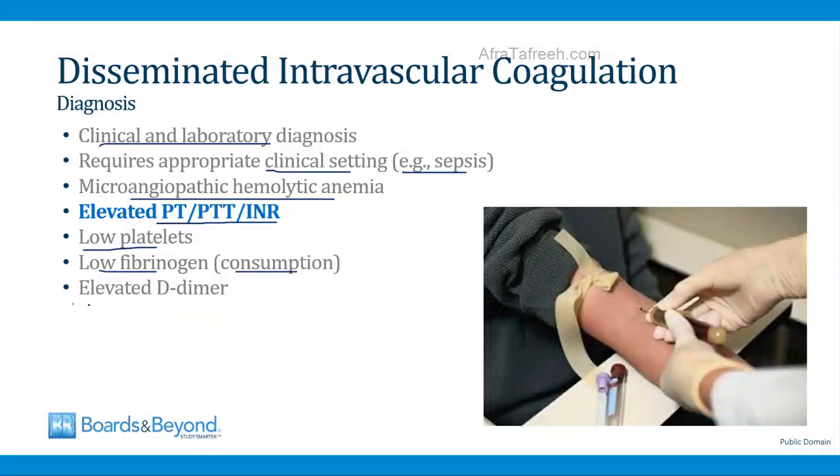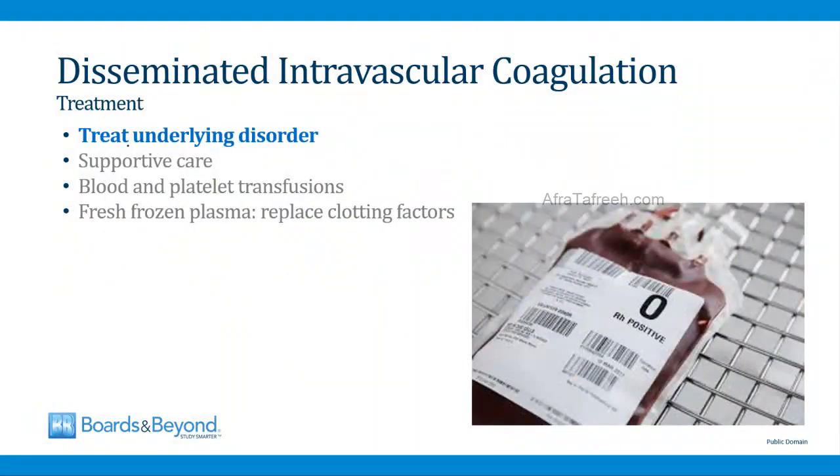And then there's an elevated D-dimer because thrombi are forming throughout the body. The mainstay of the treatment for DIC is to treat the underlying disorder. For example, if patients have sepsis and DIC, if you can resolve the sepsis, the DIC improves. Beyond this, the treatment is with supportive care. Patients may require blood or platelet transfusions, and sometimes they're treated with fresh frozen plasma, which can replace lost clotting factors.